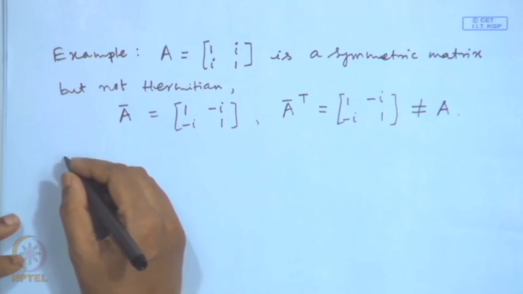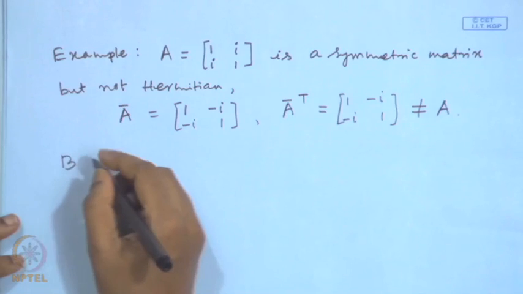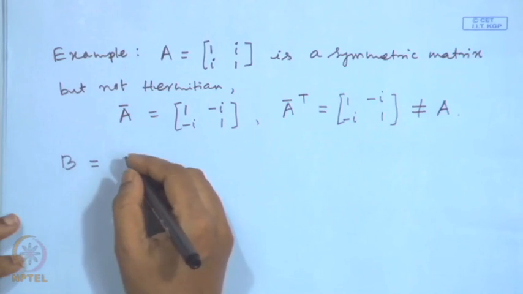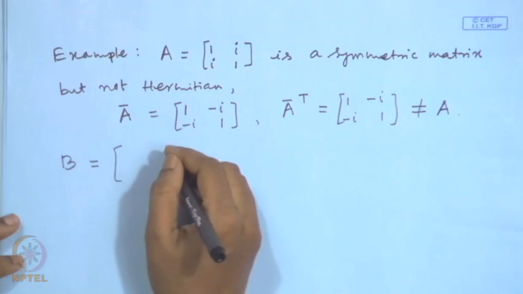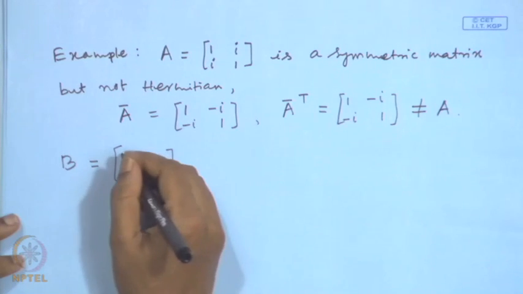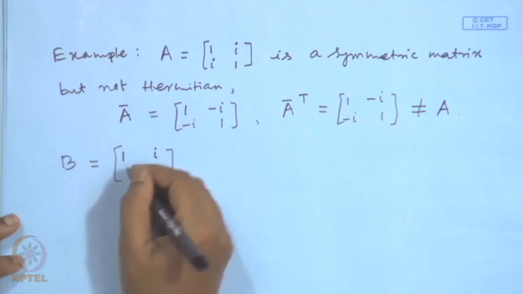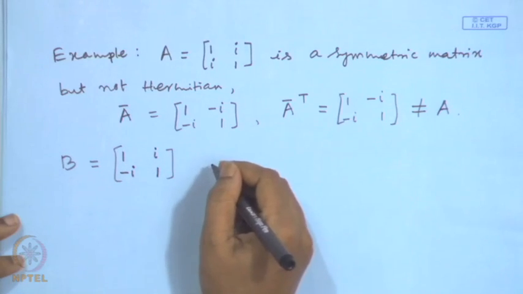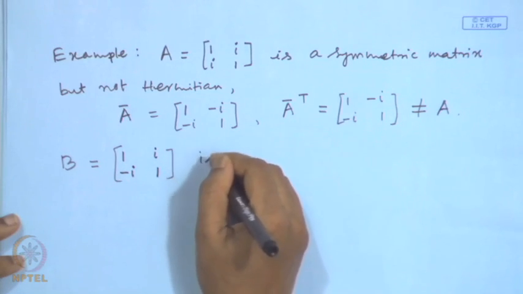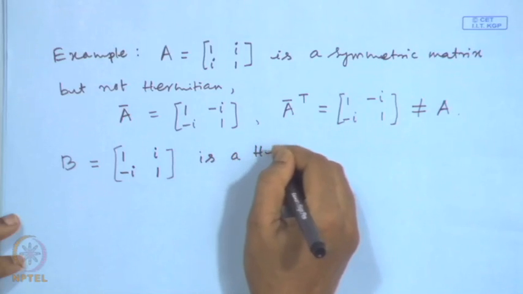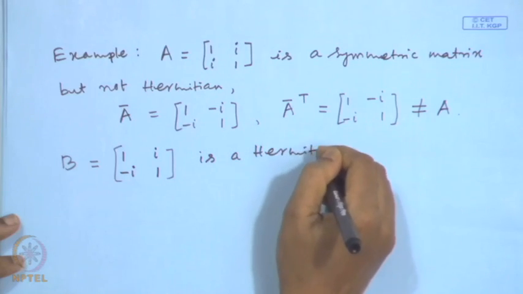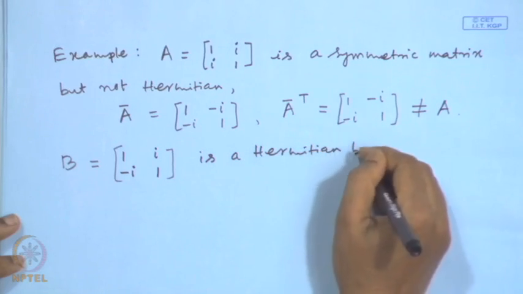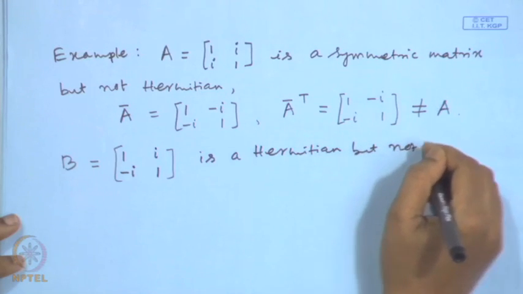On the other hand, let us take this matrix B with entries 1, i, minus i, 1. So, this is a Hermitian matrix, Hermitian but not symmetric.